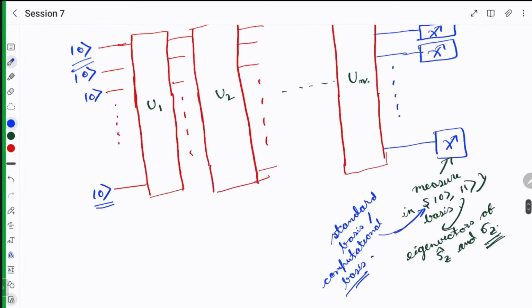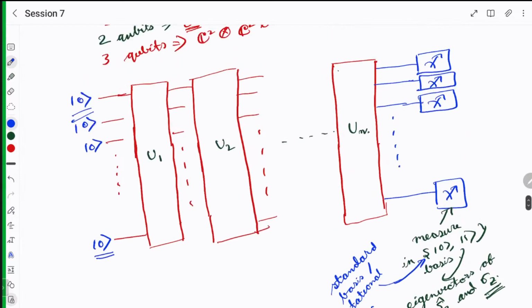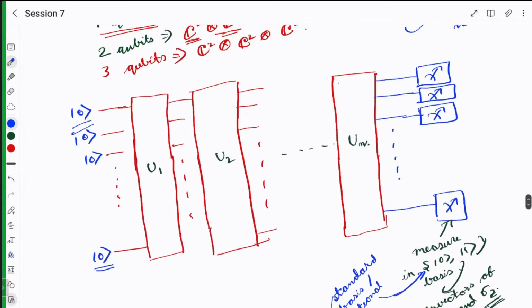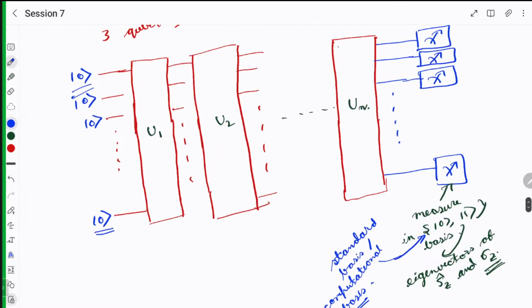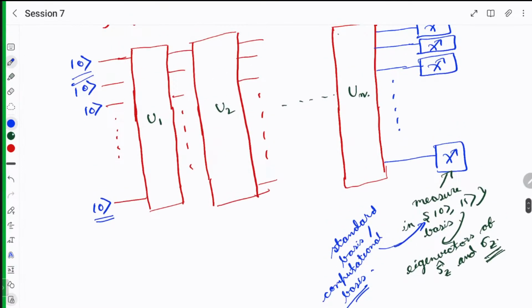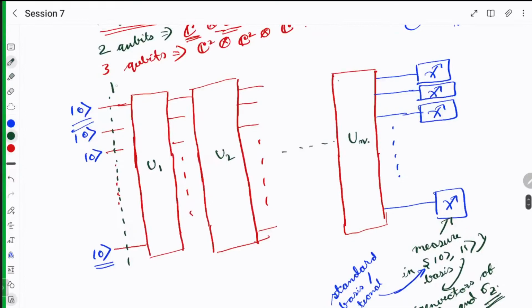Okay. So this is how a general quantum circuit would look. Initially all the qubits will be in the 0 state, then we will apply some unitaries, and then we will finally measure. Now, let's say before any of the unitaries is applied, my total system state is ket psi 0.